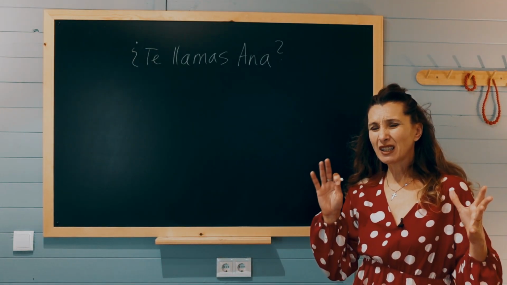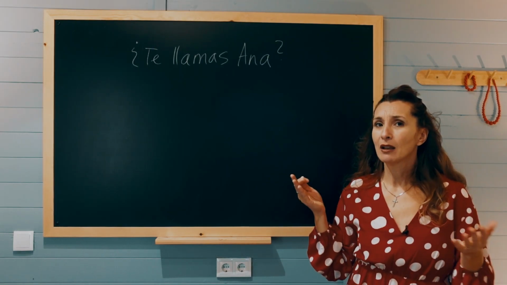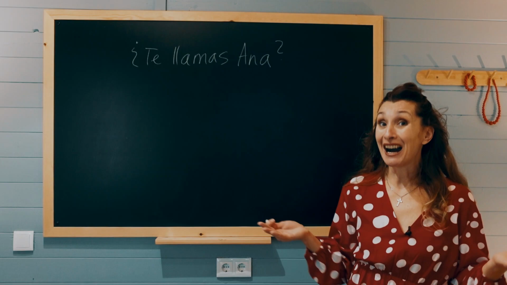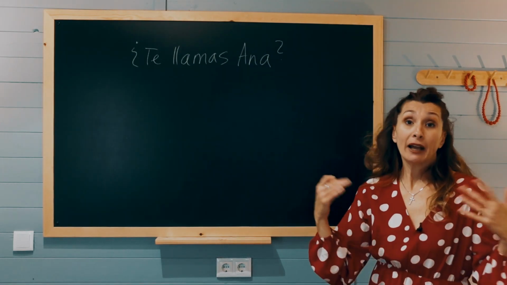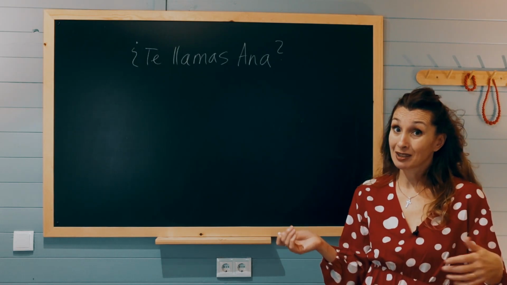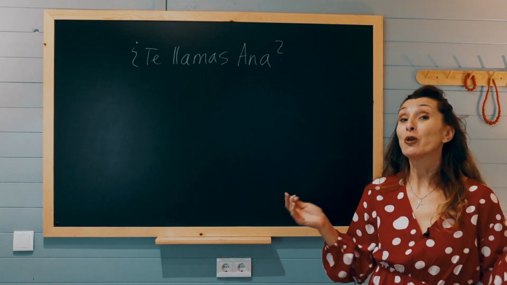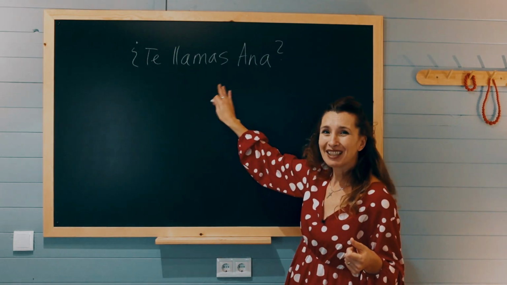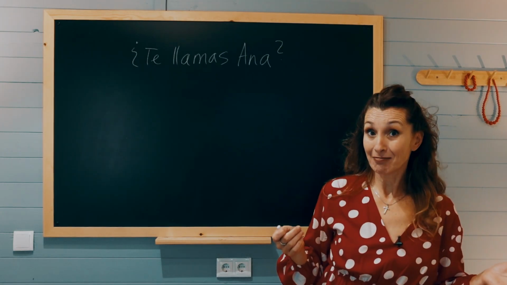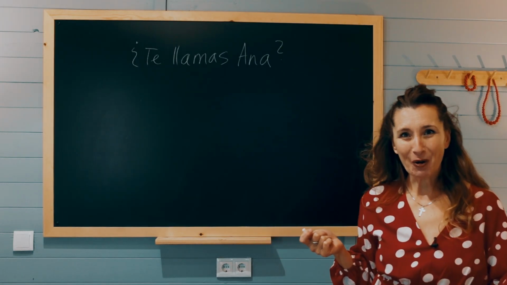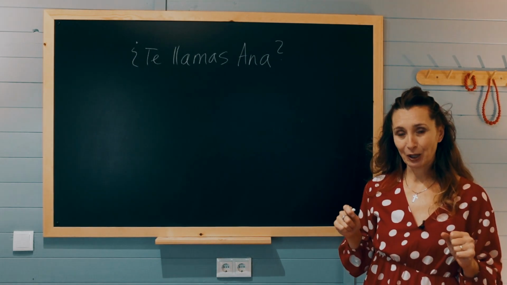We are already assuming that her name could be Ana, but we're not 100% sure, so we want to double check, and all we expect from her is to say either yes or no to prove us right or wrong. So we say ¿Te llamas Ana? And she says yes or no. Sí, me llamo Ana. No, no me llamo Ana. Me llamo María, for example.